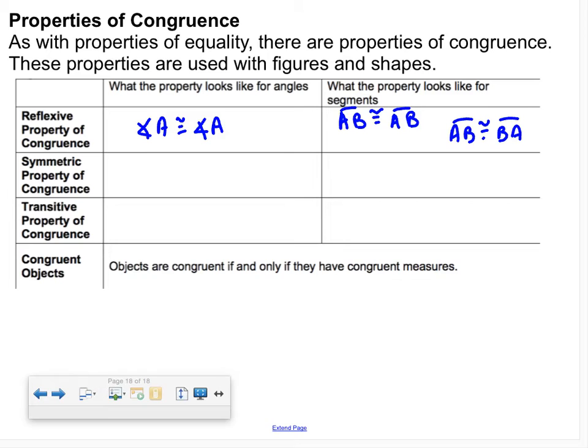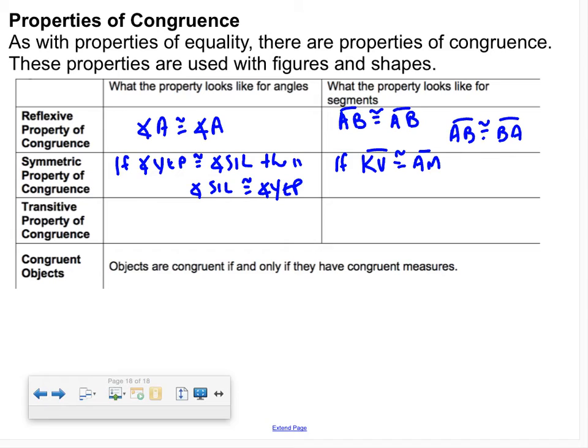Symmetric property. So if angle YEP is congruent to angle SIL, then angle SIL is congruent to angle YEP. For segments, if segment KV is congruent to AM, then segment AM is congruent to segment KV.